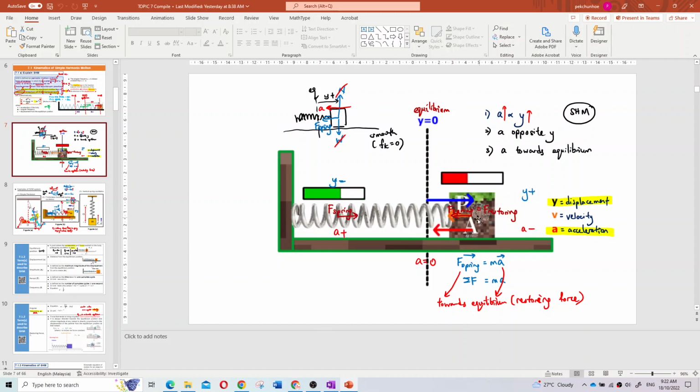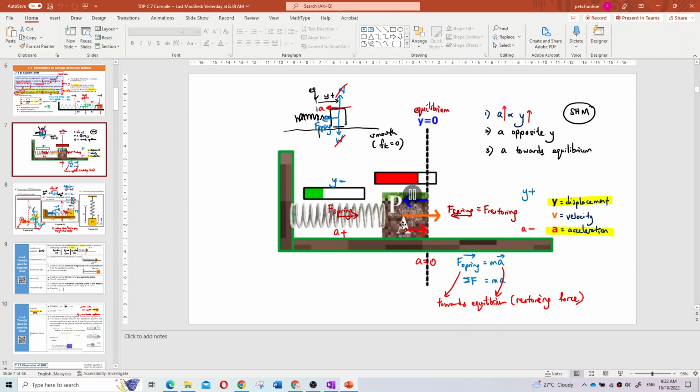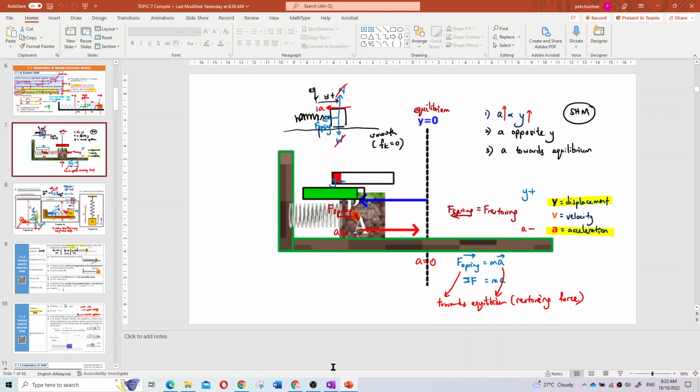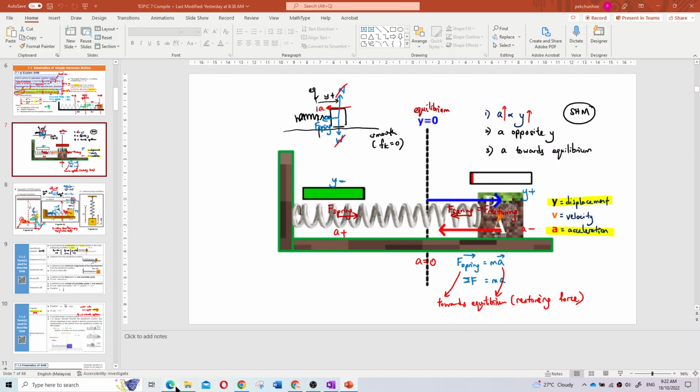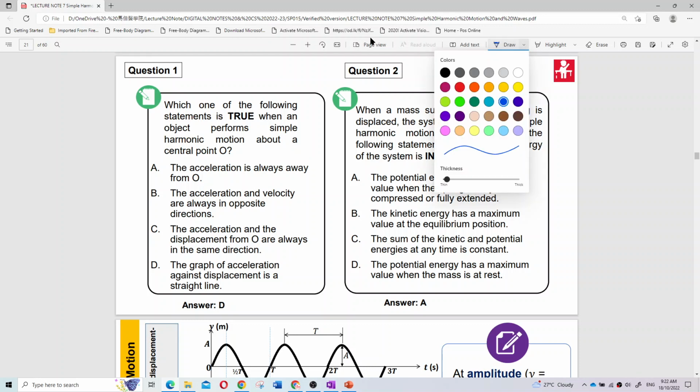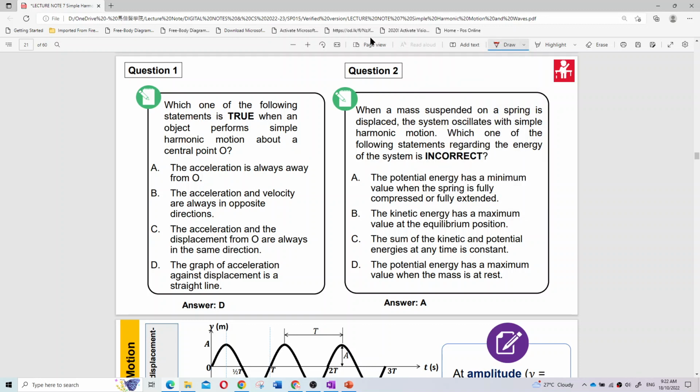For velocity, sometimes same direction. See? Same direction, and then the block accelerates. If always opposite, how can it accelerate? So this is wrong. Maybe I should make some corrections. Sometimes, this is not away, it's towards.